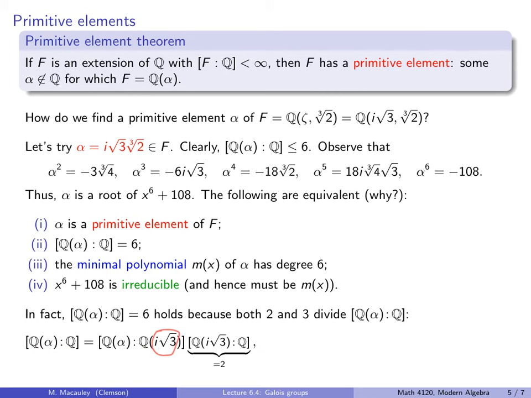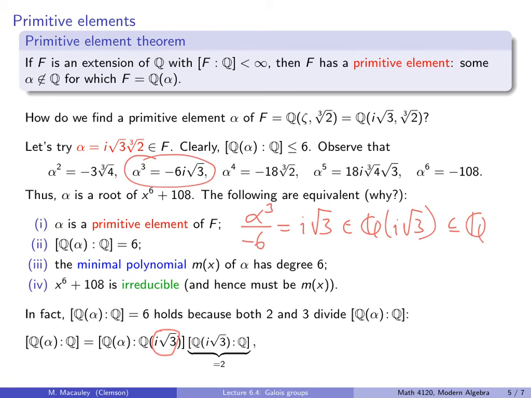So notice that alpha cubed is negative 6i root 3, and therefore alpha cubed divided by negative 6 is i root 3, which is contained in Q adjoin i root 3, and therefore this must be a subfield of Q adjoin alpha, because from alpha we created this element, and thus we can create everything in this field.